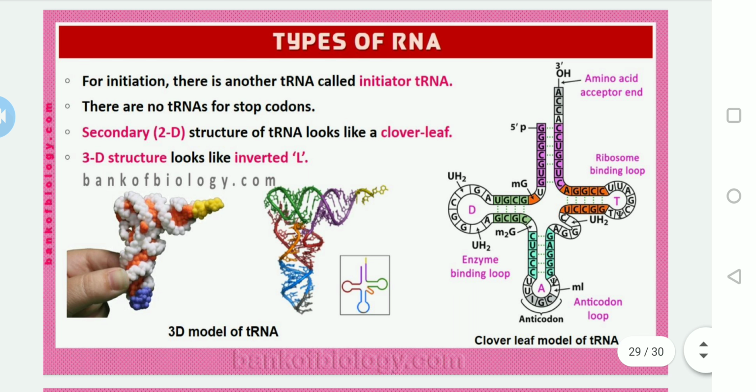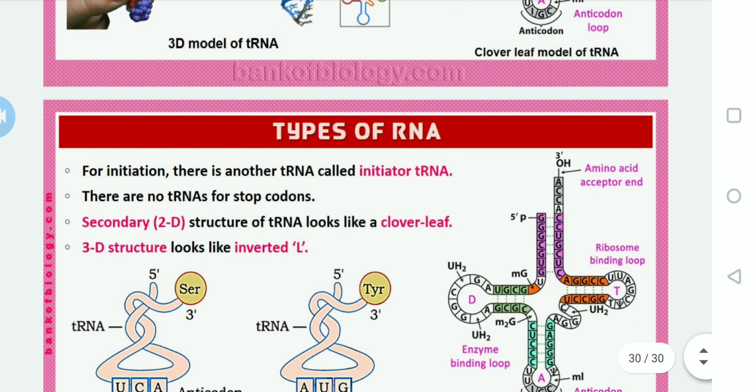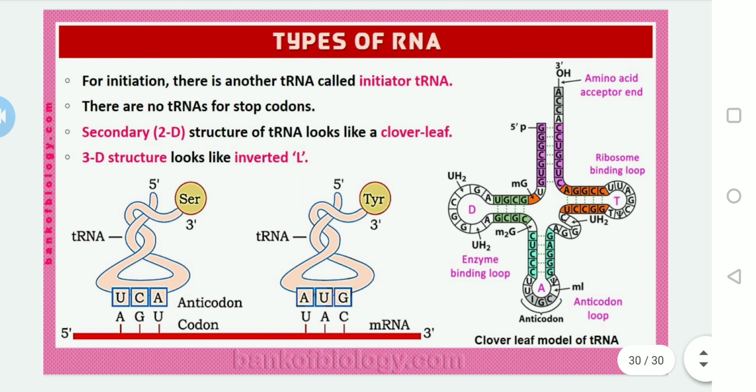When it comes to the exact structure, as I said, there is an anticodon site consisting of 3 nucleotides that are complementary to the respective codons present on the messenger RNA strand. Hence, it is also called NODOC, N-O-D-O-C, the reverse of codon.